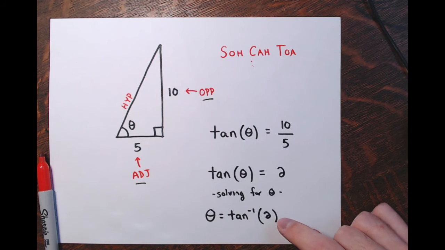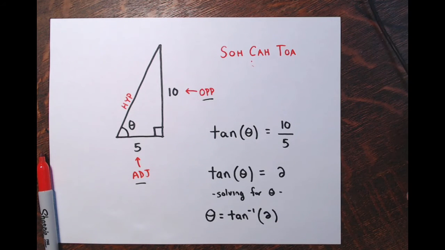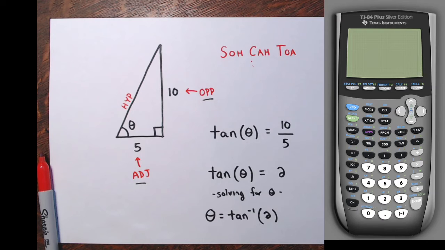But we're asked to round this to 4 decimal places, so I need to go to a calculator. They wanted things in radians, so I'm going to make sure I'm in radian mode. Hit the mode button, yes I am. And then I'm taking the inverse tangent of 2.